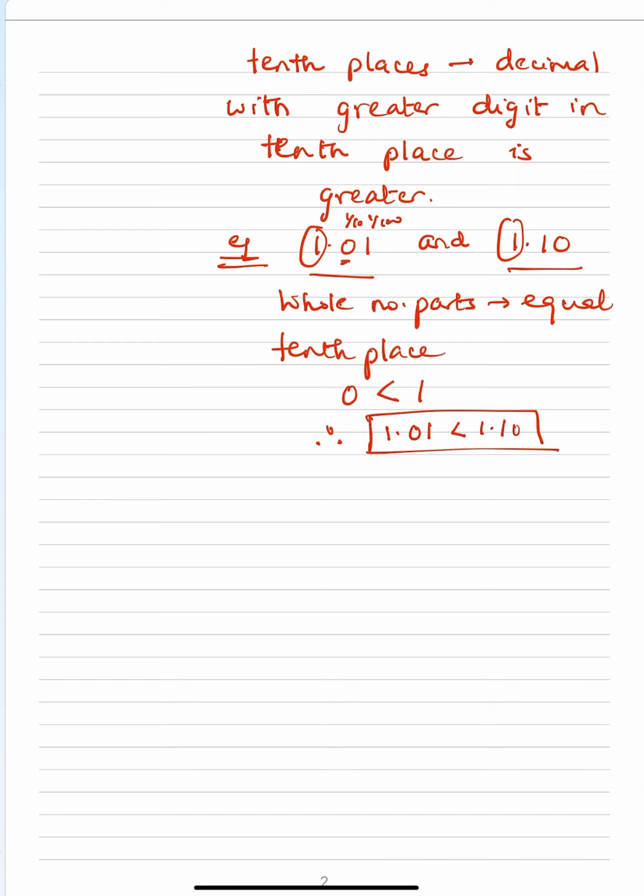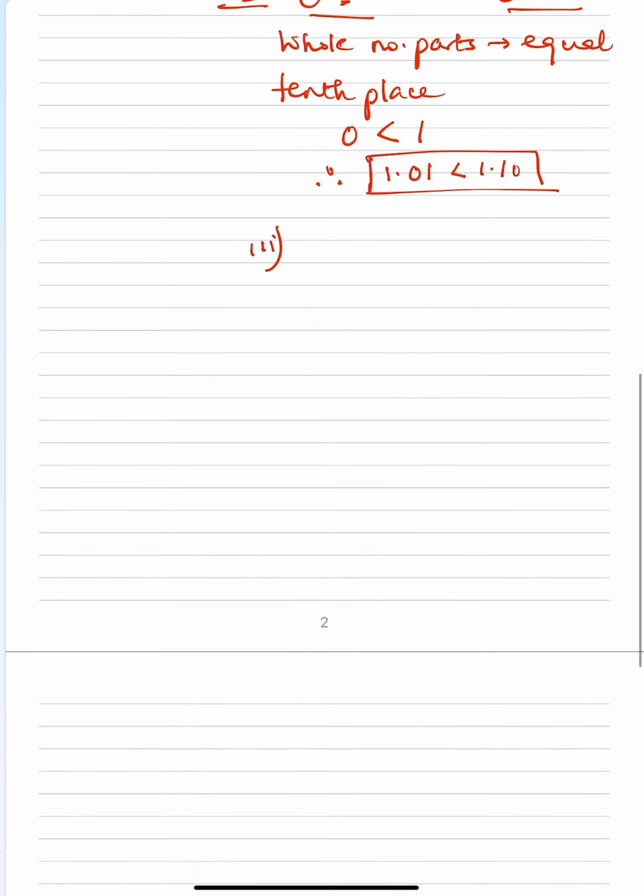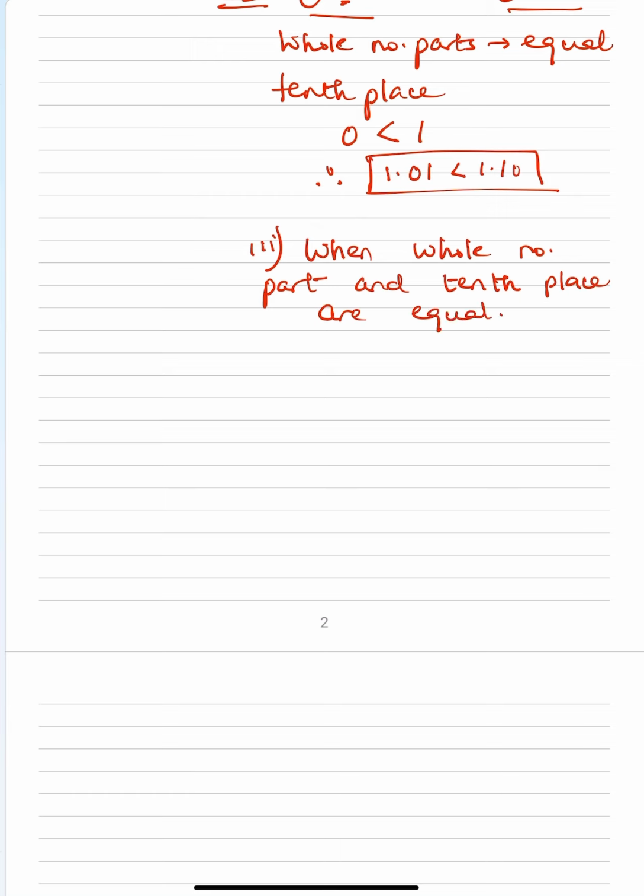This thing they want to tell us, that when the whole number part is same, you have to check the 10th place. And to compare, the third point is when the whole number part and the 10th place are equal, then what will you compare? Then compare hundredths place.